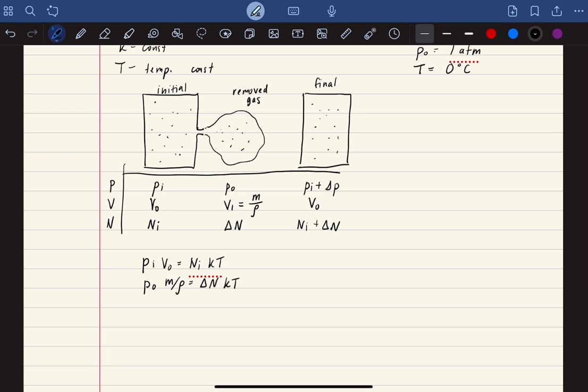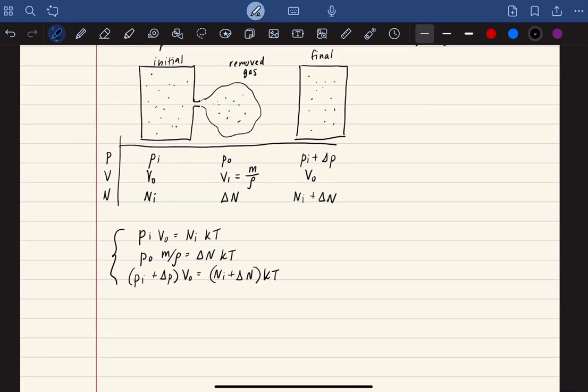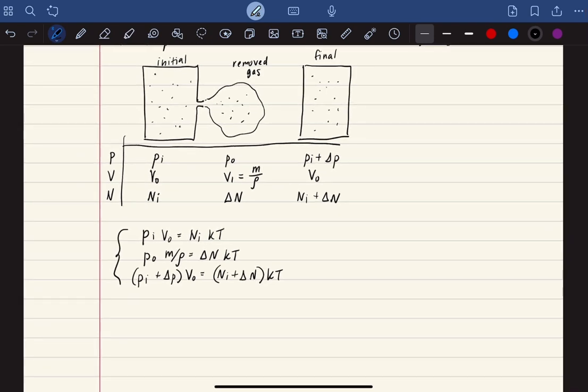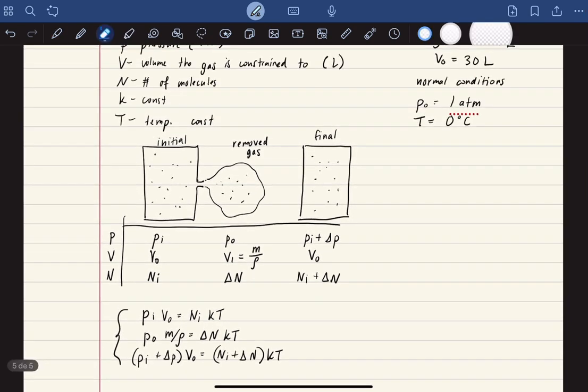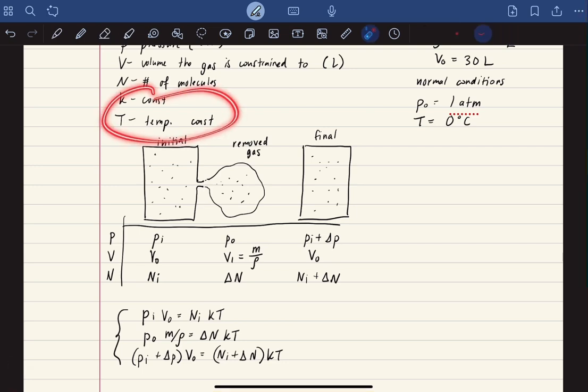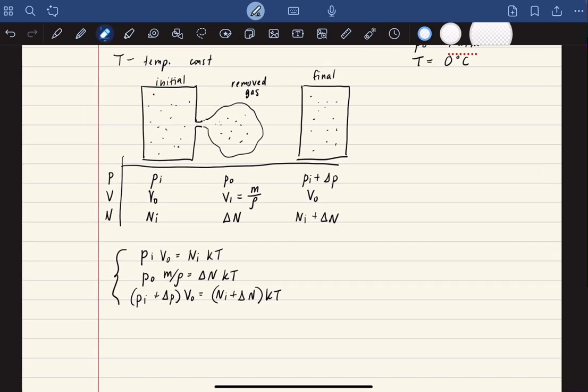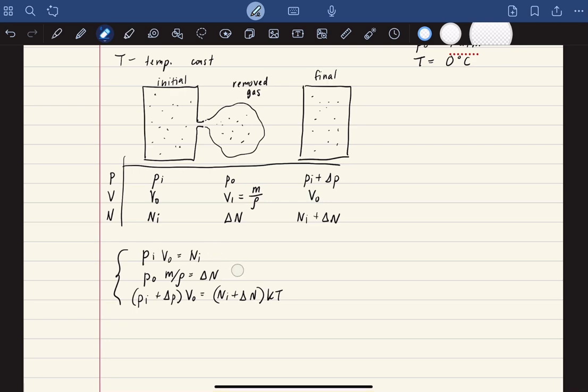For final, we have Pi plus delta P times V naught equals Ni plus delta N times KT. Note how all equations have KT. K is a constant and T is a constant, so we can just cross them out because we don't need them.